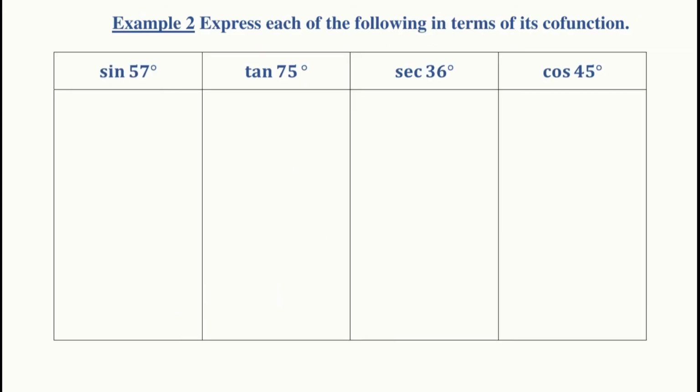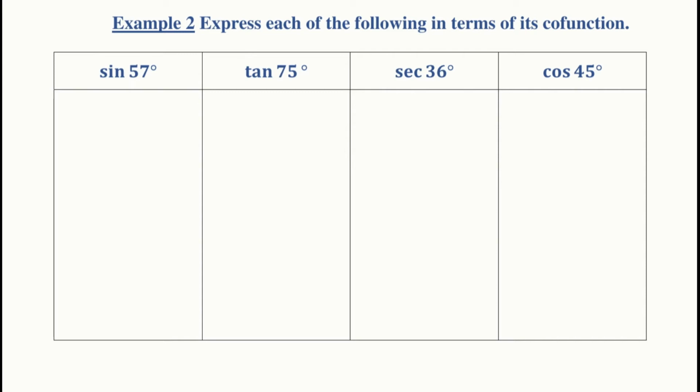All right, in this example, we're going to write each of these expressions using a cofunction. So we know that, for example, sine of 57 should be the same as the cosine of its complement, right?